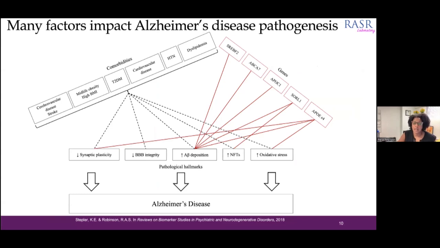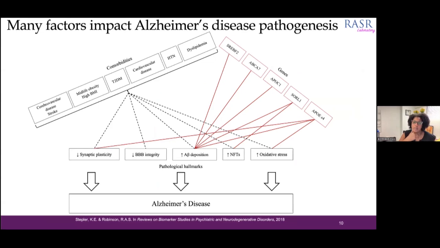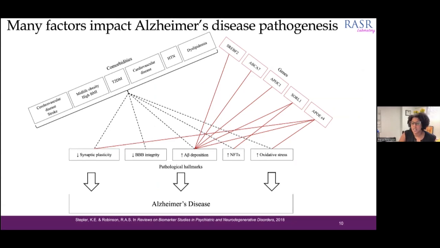So I entered in with this kind of framework that we have seen before from Alzheimer's disease, which is understanding that there are a number of factors that increase risk for Alzheimer's disease pathogenesis. So regardless of who you are, if you have other comorbid conditions like high cholesterol, hypertension, dyslipidemia, these things all can increase your risk of disease and contribute directly to pathological hallmarks, as well as different genetic factors.